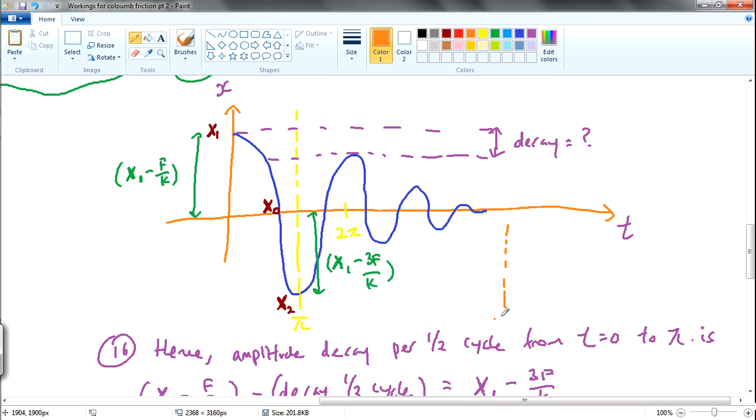Okay, so imagine this is the point, this is phi, and then you go back up. This is the axis, and this portion's amplitude is x1 minus f over k, and this amplitude over here is x1 minus 3f over k.